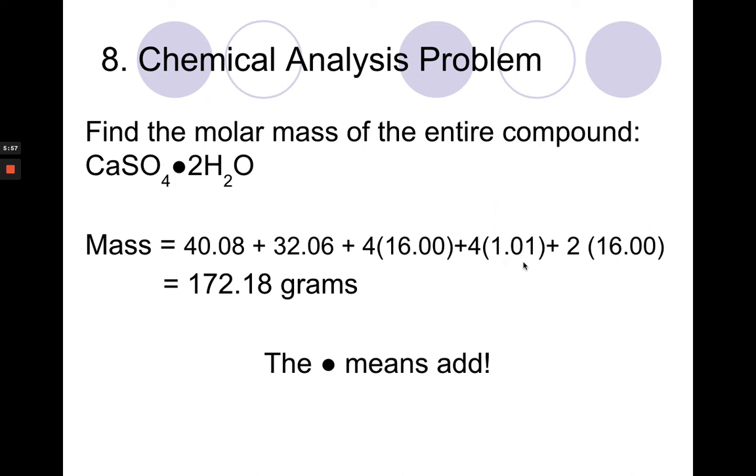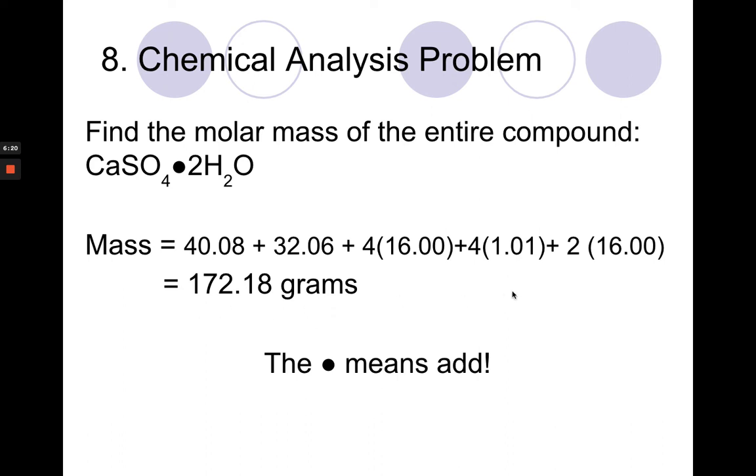Notice I'm rounding all these molar masses to the hundredths place. And 2 times 16 for the 2 oxygens in the water. When we add all that together, the molar mass of calcium sulfate dihydrate is 172.18 grams. Remember, the dot here means add, not multiply.